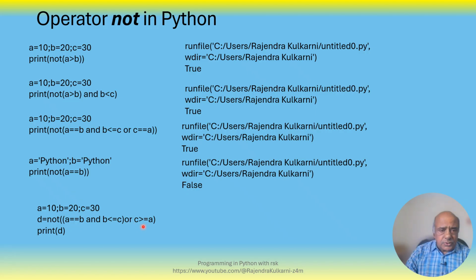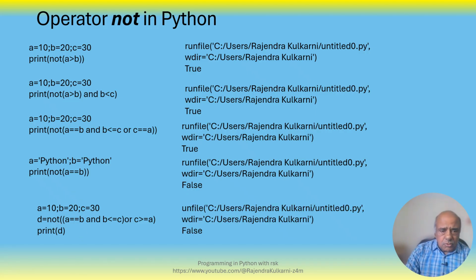Since one of the values is true, the whole expression will evaluate to true, and it will be negated using the operator not. So what will be the output? The output will be false.